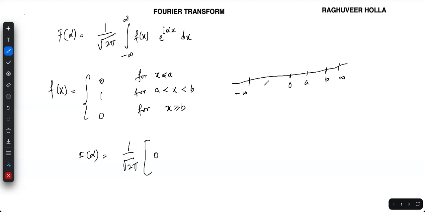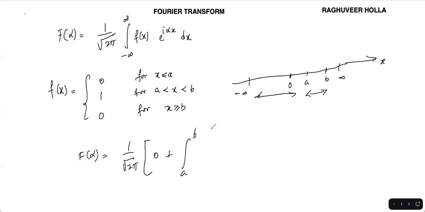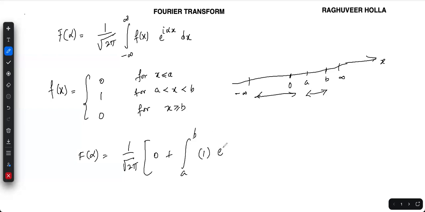For x less than or equal to a, it is 0 in this region. Now, if it is in between a and b, f of x is 1, and it is e to the power of i alpha x dx.